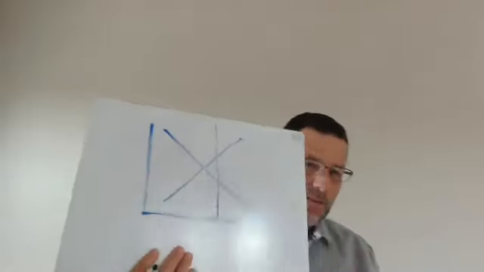So one of the things that you need to be able to do is that if the question tells you the economy is currently in a recession, or another phrase you might hear is the economy is currently operating below full employment, one of the skills that you have to have is to be able to draw this.